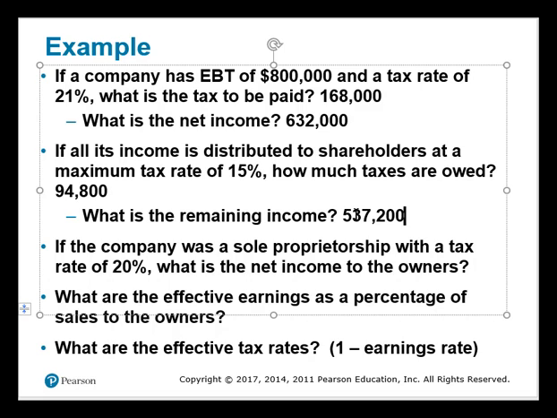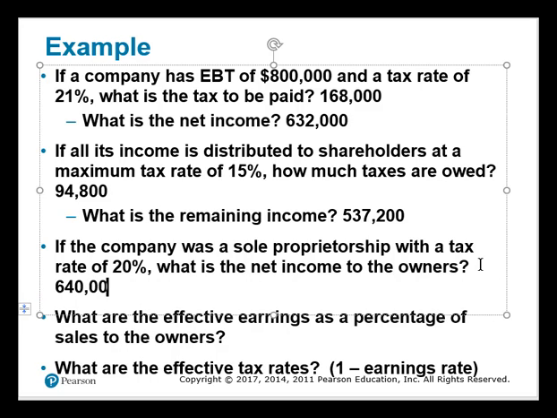If they were a sole proprietorship and the tax rate were 20%, what is the net income? Well, the tax is 20% of $800,000, or $160,000. So the net income is $640,000. So you can see the amount of money going to the owners of a sole proprietorship is more than the amount of money that goes to the corporation.